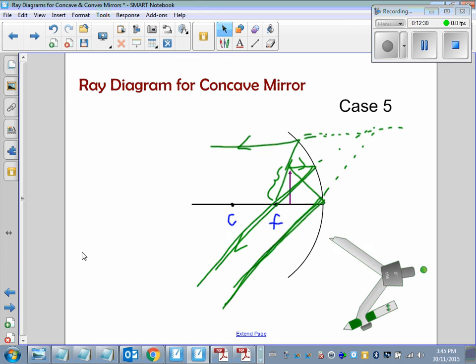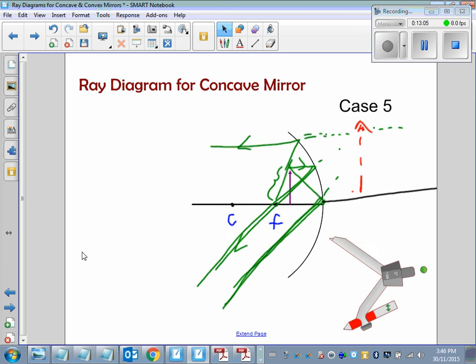So if we extend this line on the back, we're going to draw this virtual image, and we really should draw the virtual image with a broken line, just so I can signify that it's virtual. It is bigger than the object. It is upright, so it is not inverted.